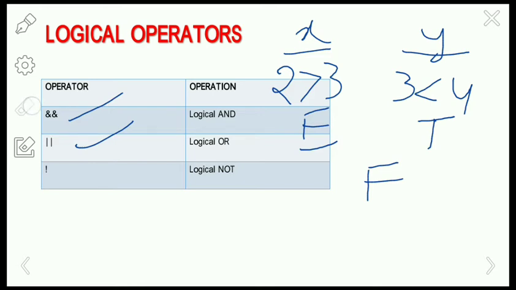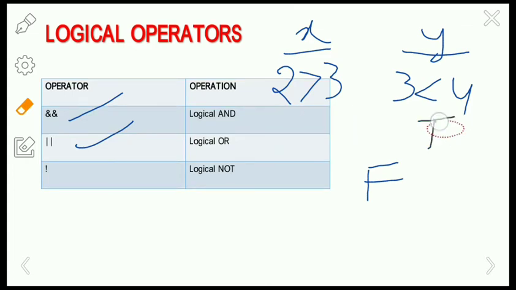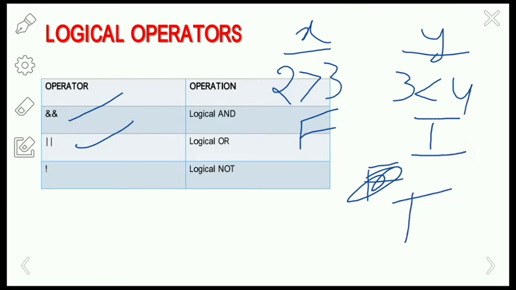So 2 greater than 3 is false, and 3 less than 4 is true. So at least one of the conditions must be true for the logical OR operation. Here it is satisfied, so the answer will be true, because one condition is true.